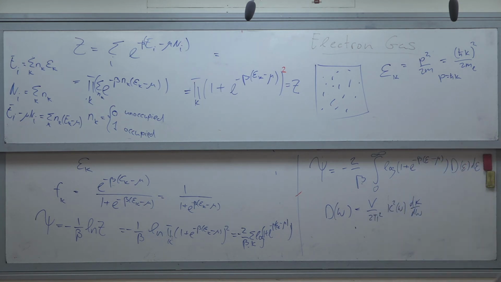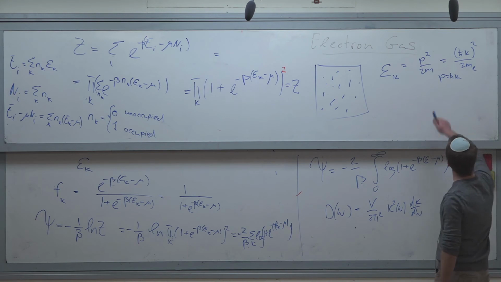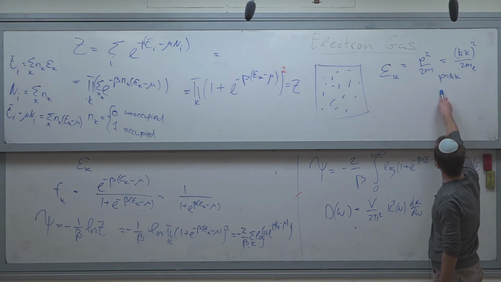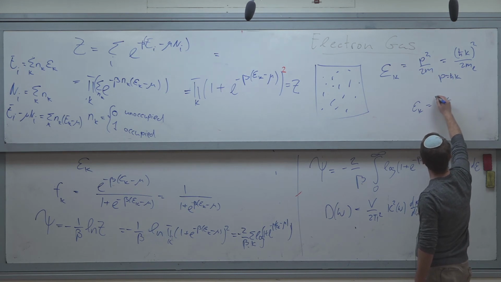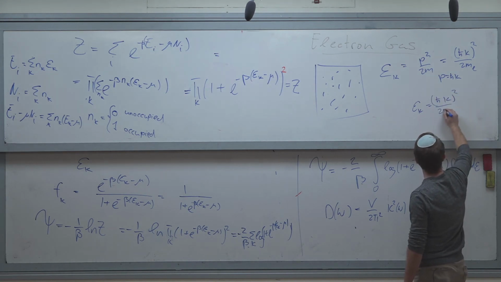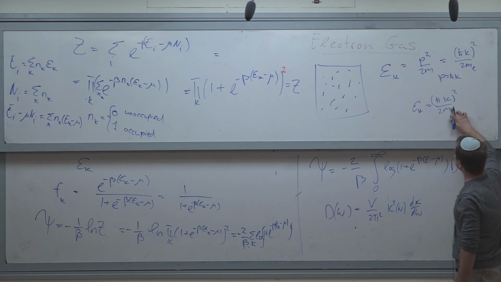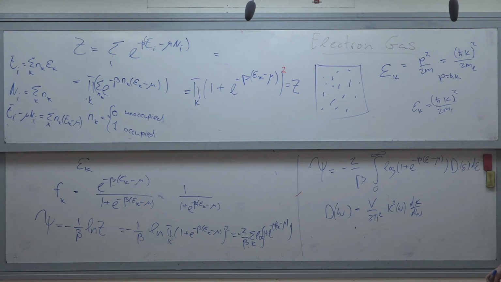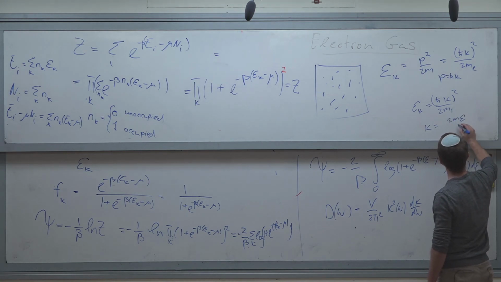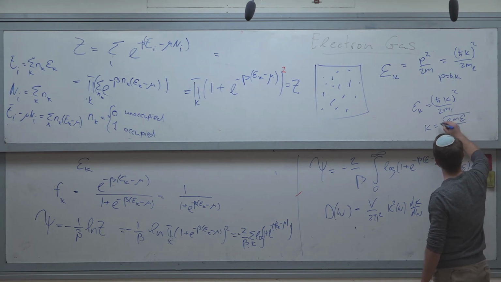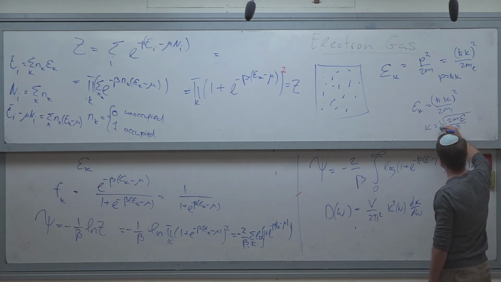Now, we're going to use this expression over here: epsilon k equals h bar squared k squared divided by 2m. So k equals the square root of 2m epsilon, divided by h bar, right?